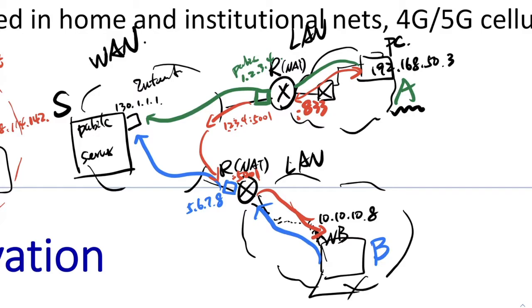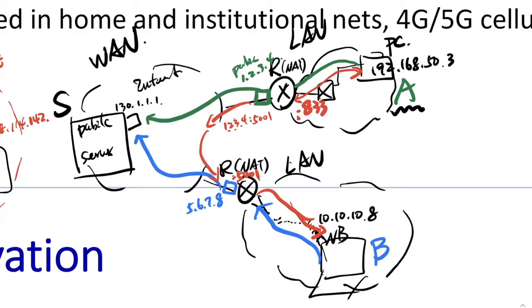So S, the server, knows what public IP address is used by A and what port number is used in the translation publicly. And B can talk to S as well by using the blue line. So S knows what public IP address is used by B, and S can exchange messages for A and B. So A and B know what the public IP address and the public port are.